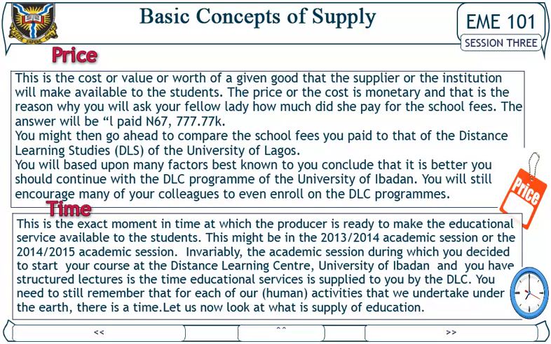Invariably, the academic session during which you decided to start your course at the Distance Learning Center, University of Ibadan, and you have structured lectures is the time educational services is supplied to you by the DLC. You need to still remember that for each of our human activities that we undertake under the earth, there is a time. Let us now look at what is supply of education.